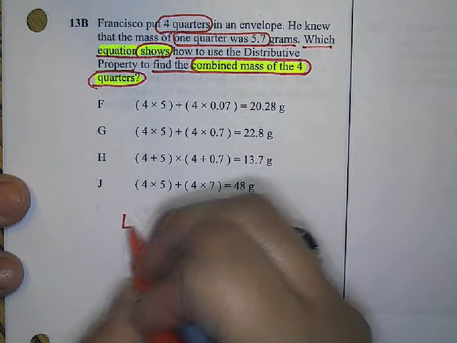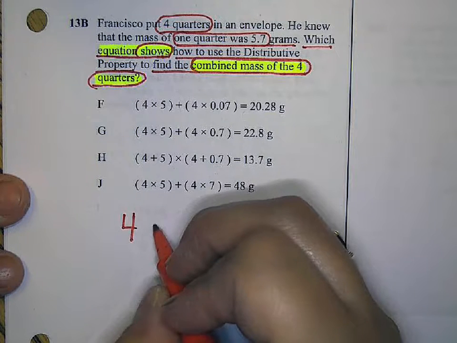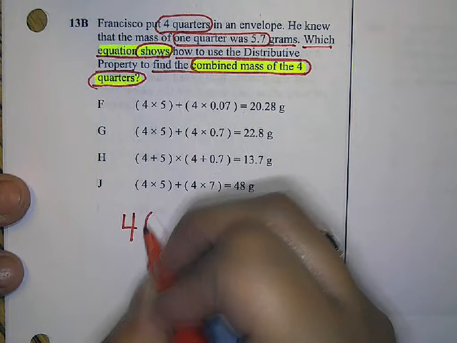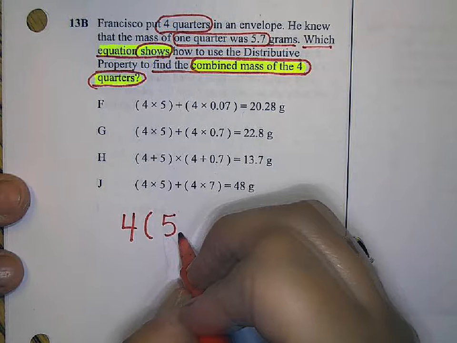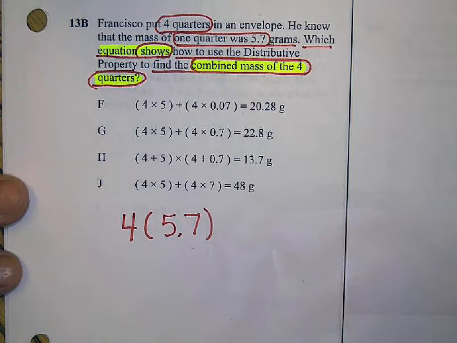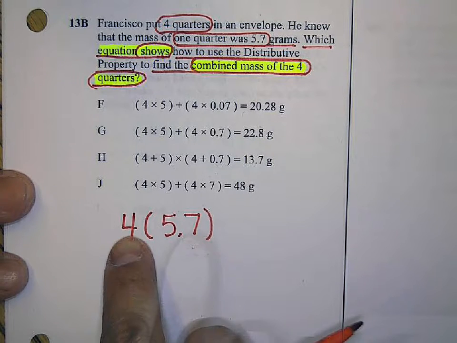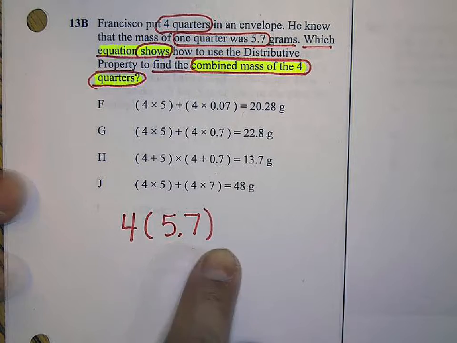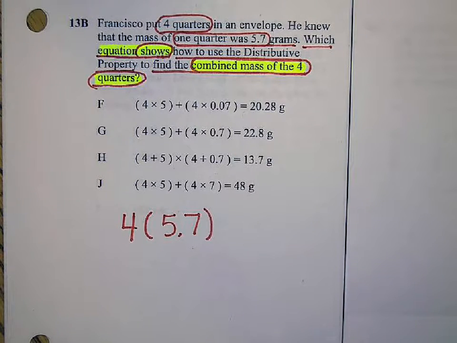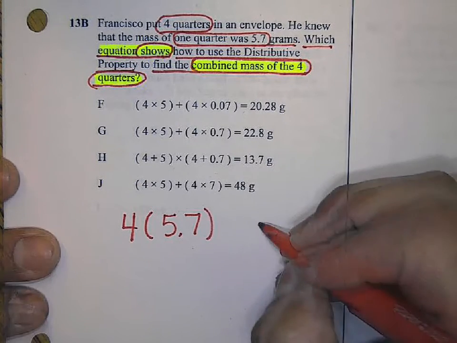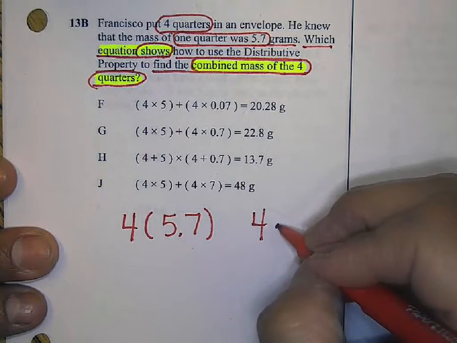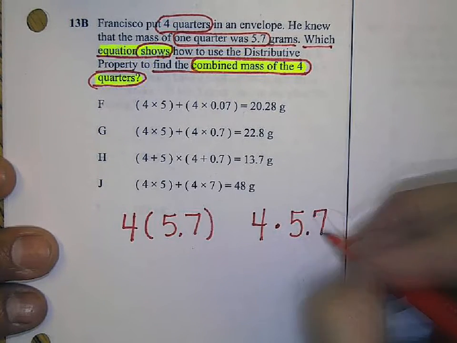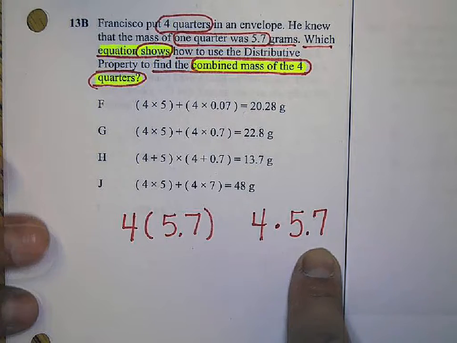So, I'm going to take 4, and then I'm going to put a parentheses, and I'm going to put 5.7, and then close that parentheses. I want you to understand that this means 4 times 5.7. That's what that means. This also means 4 times 5.7.